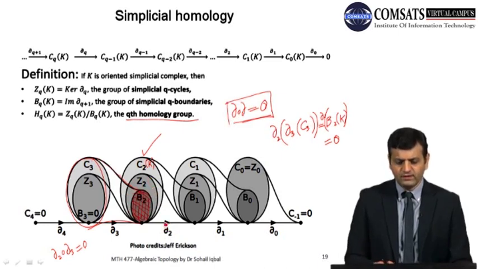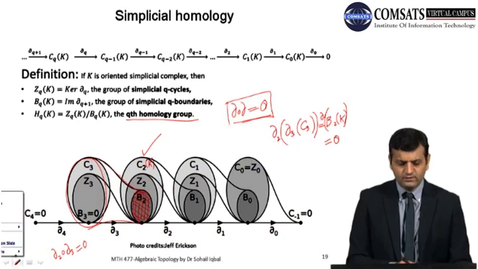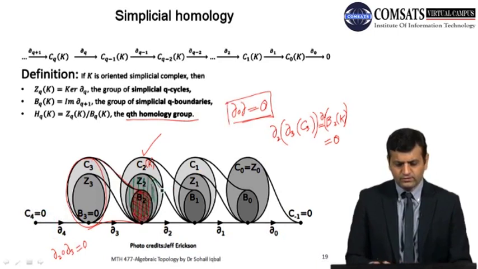Kernel of partial 2 means the set of all elements of C_2 going to 0 of C_1. Each and every element of Z_2 is going to 0 of C_1, and since this composition is 0, the images of C_3 are B_2, and elements of B_2 must go to 0. Once again the composition is 0, so that's why B_2 must be contained in Z_2. So that's why we can take this quotient.